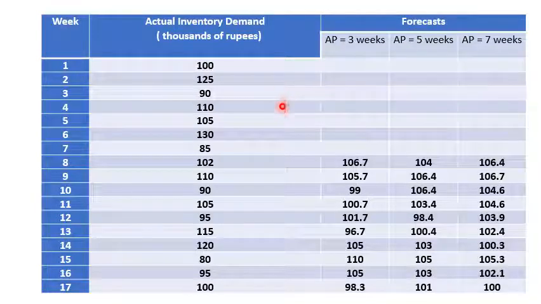So 90 plus 110 plus 105, 130, 85, 102 and 110 divided by 7 will give me 104.6.